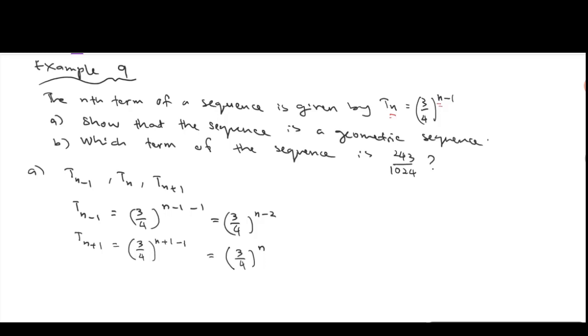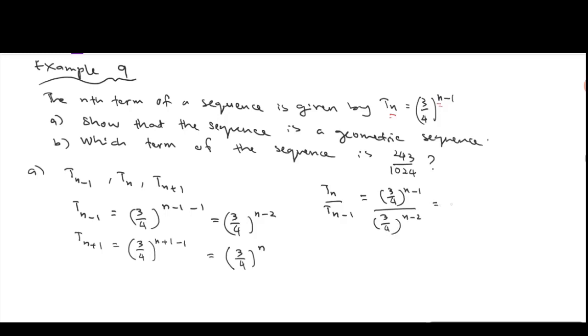So, if it is a geometric sequence, it will have a common ratio. So, here we are going to find the ratio of the consecutive terms. The first ratio is t sub n over t sub n minus 1, which is equal to 3 over 4 to the power of n minus 1 divided by 3 over 4 to the power of n minus 2.